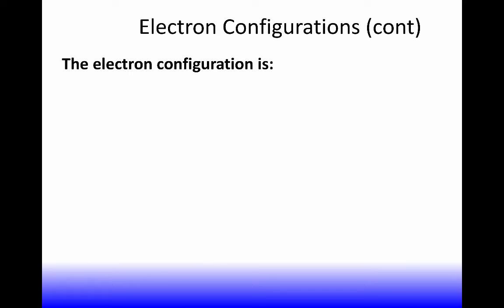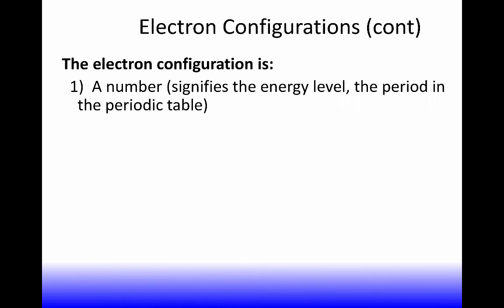Now, what is an electron configuration? First, it starts with a number. The number signifies the energy level the electron is located in. Now, what that really means, as far as if we're looking at a periodic table, it's the period number, for the most part.